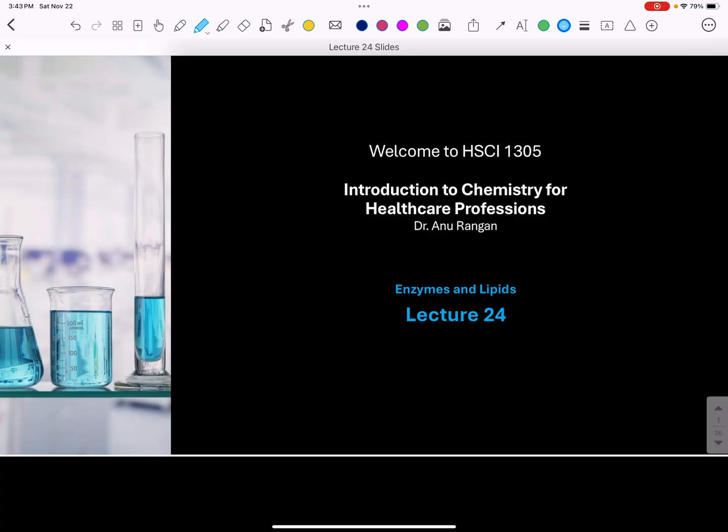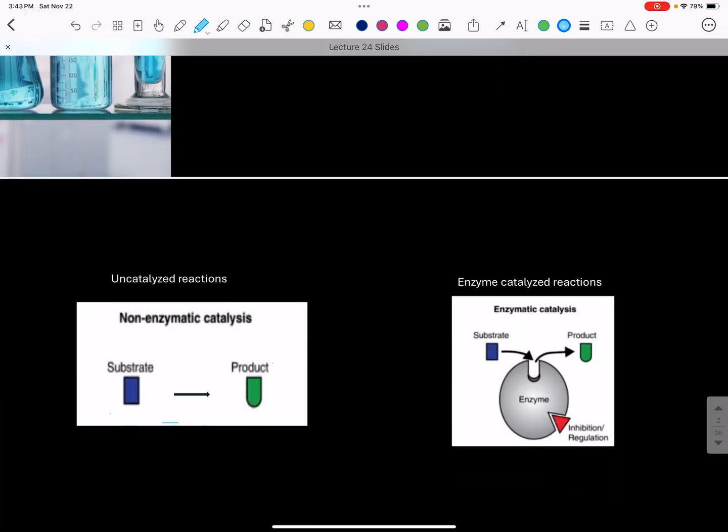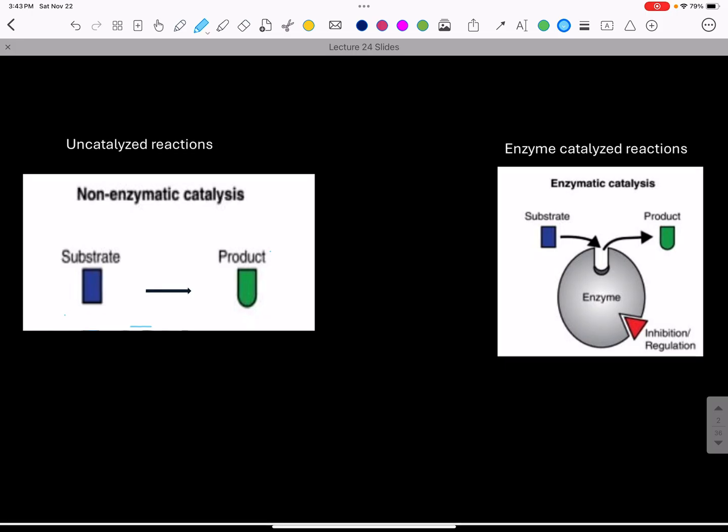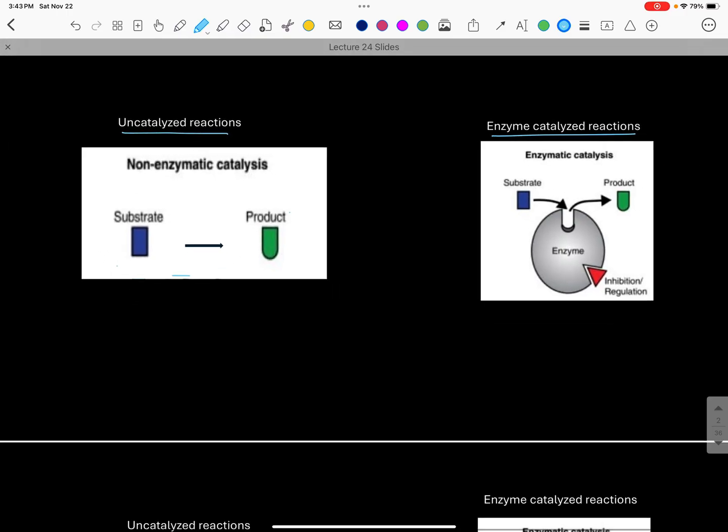So last time when we talked about enzymes, we were able to see how enzymes are a huge advantage in comparison to uncatalyzed reactions. Enzyme catalyzed reactions are much faster, they're highly specific, and they also use very mild temperature and pH.